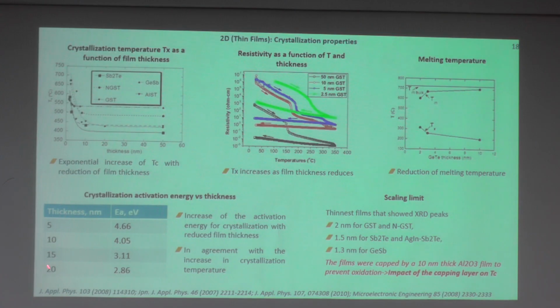Here, if we have 20 nanometers, it's close to the bulk value, and then it's increasing up to the value of 4.7. So also some structural properties.